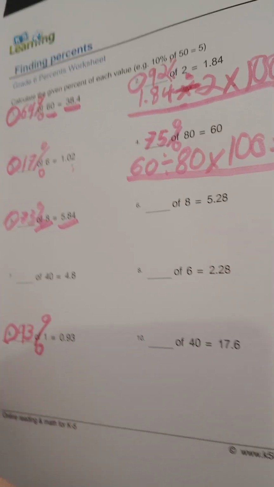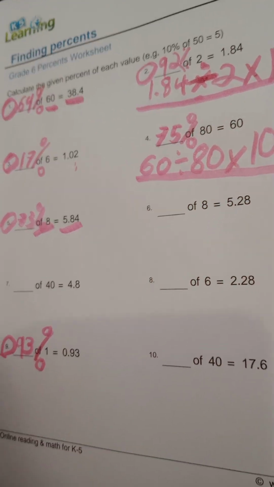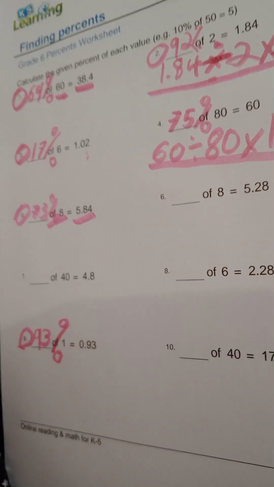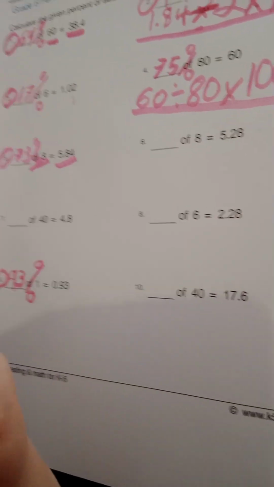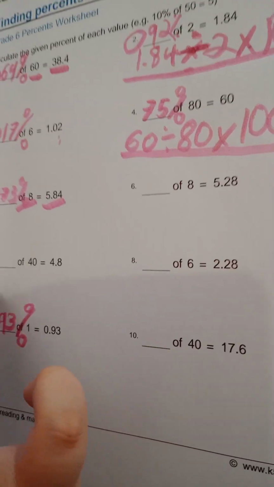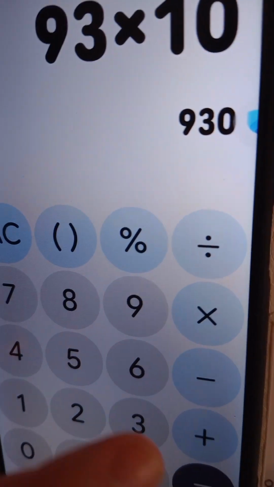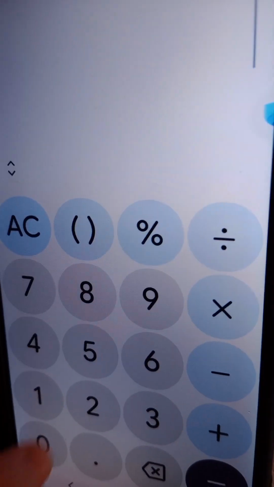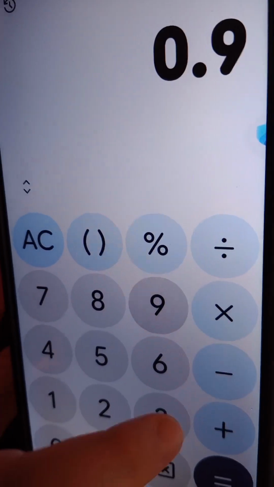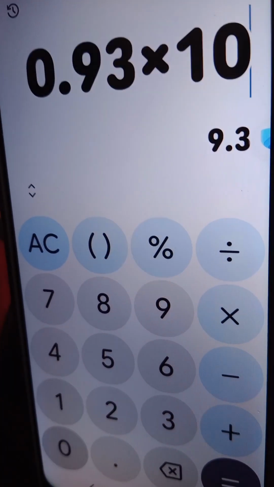Let me just open your phone real quick, even though we've got a calculator, because it's clearer. 93 times 10 is 930. Wait, I did 93. I meant to do 0.93 times 10.